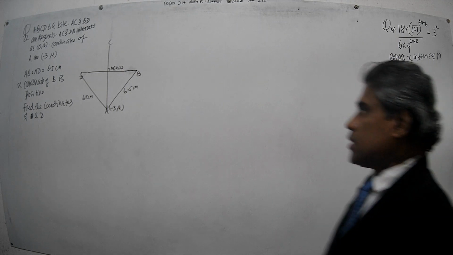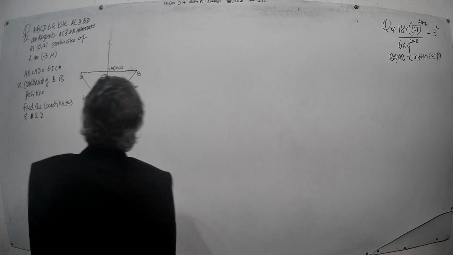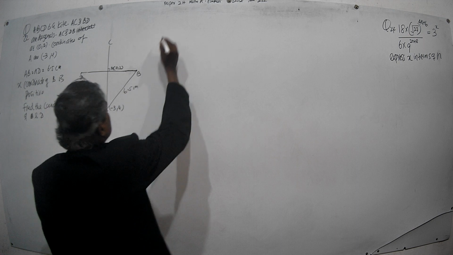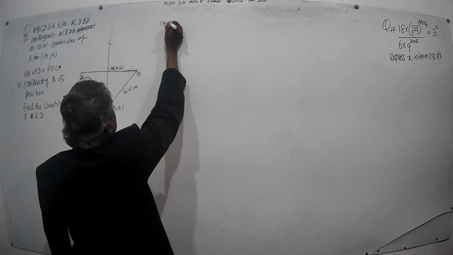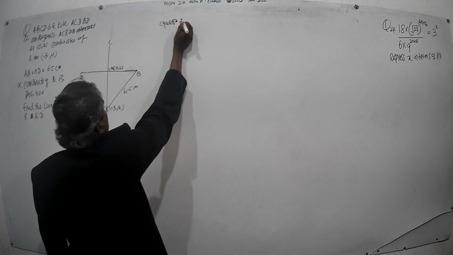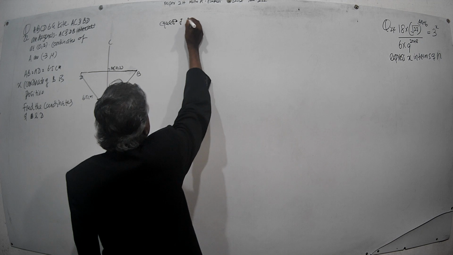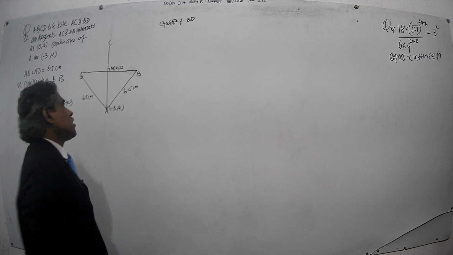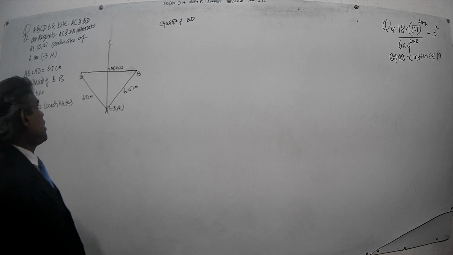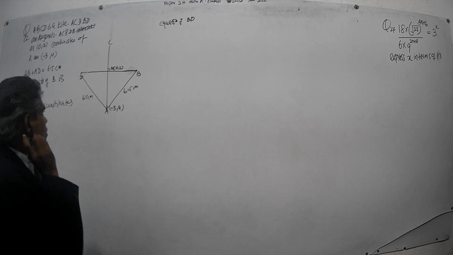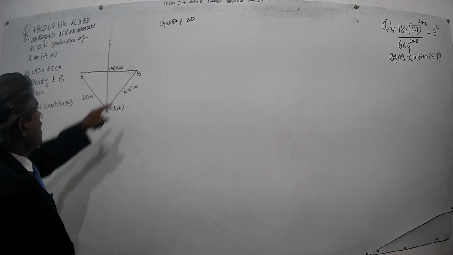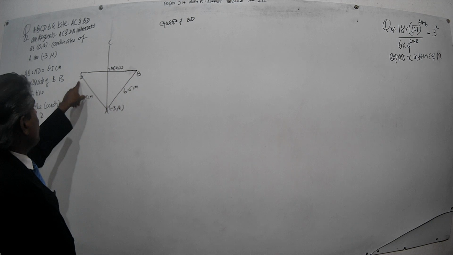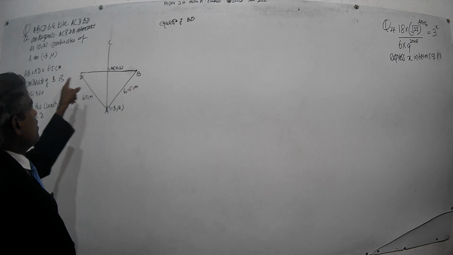This is my strategy here. I find the equation of line BD. After finding the equation of line BD, this point B and D are both on the same straight line BD.